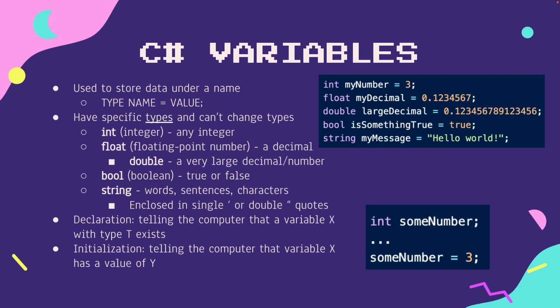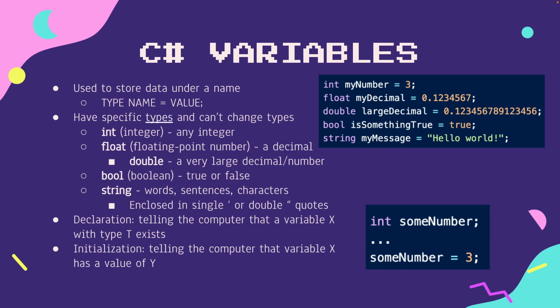But I want to point out something specific that is very useful for Unity, which is the difference between declaration and initialization, which are two big words. Basically, at the top we have declaration, which is telling the computer, hey, I have some variable that I called some number and has a type of integer. It's kind of like a promise that tells the computer, I'm going to be using this somewhere in my code.